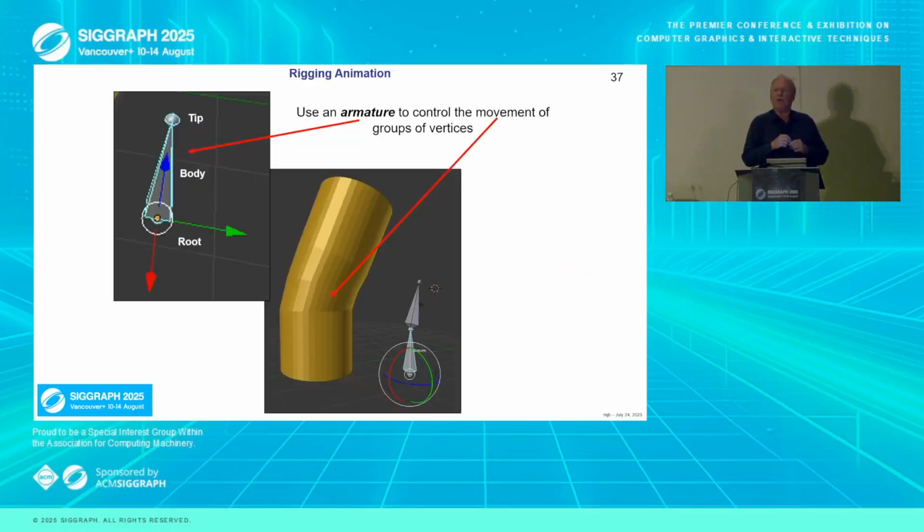And if you're trying to make, say, a body move, well, if I'm trying to make a human move, that's a lot of vertices, that's a lot of points, and I really don't want to animate each vertex. And so what they do with something like that is they use rigging. And you're likely to hear the word rigging all week this week. But what rigging means is you take, well, they call these bones or armatures, and you hook them together. Bones is very apt. Imagine a human skeleton.